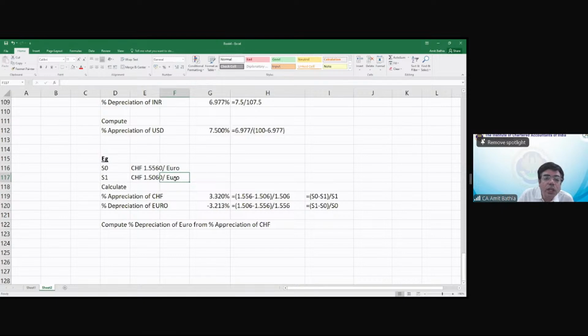Potato was earlier costing you 1.55 CHF. Now it is costing you 1.50. So has potato become expensive or cheaper? Potato has become cheaper. Potato is the base currency, euro. So that is cheaper. If that is cheaper, that means CHF has become... has it depreciated or has it appreciated?